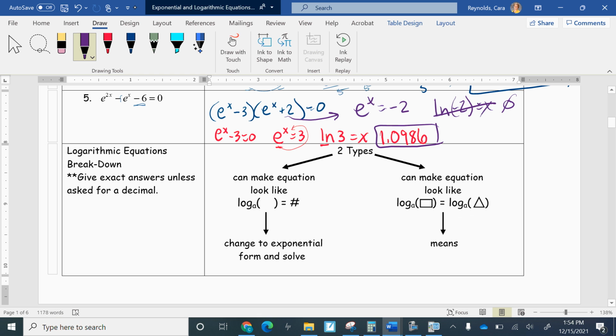All right, if you're looking at your log equations, you want to give exact answers unless you're asked for a decimal. You can make it look like the log of a number is equal to another number, and then we can change to exponential form and solve. Or we can get two logs equal to each other, where we can just take whatever we're taking the logs of and set them equal. Same as your exponentials.